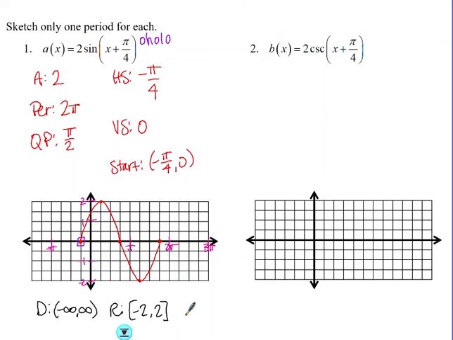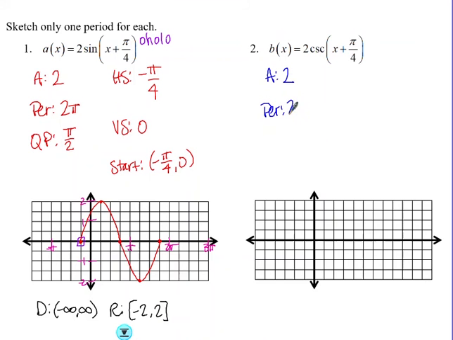Now, I want to compare this with our cosecant graph. So I have b of x equals 2 cosecant of x plus pi over 4. So it's the same information as the sine function, just the cosecant function. My stretch is 2.